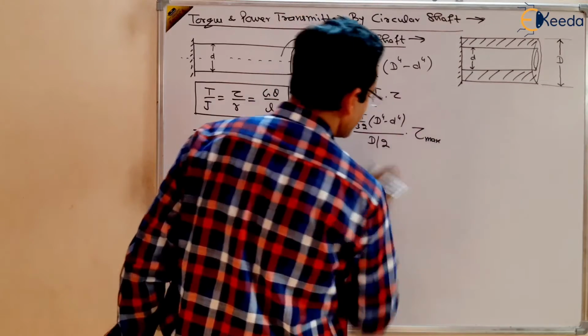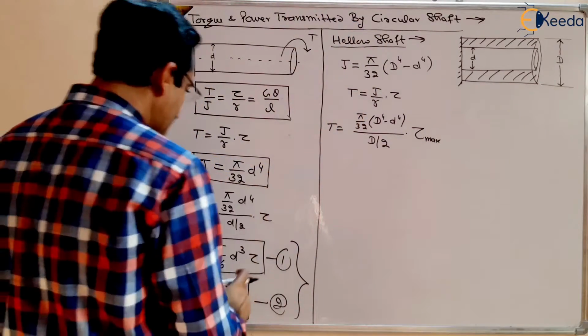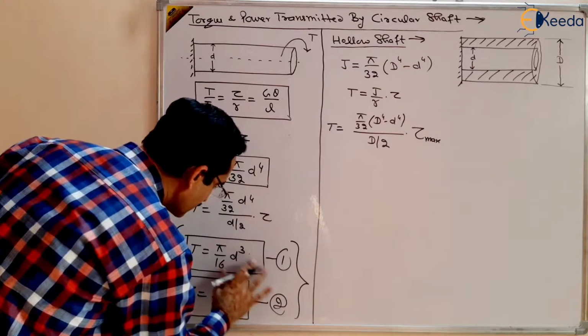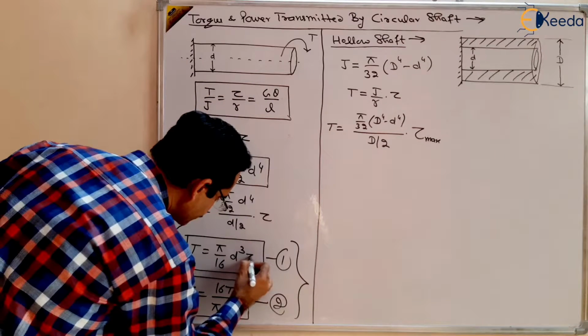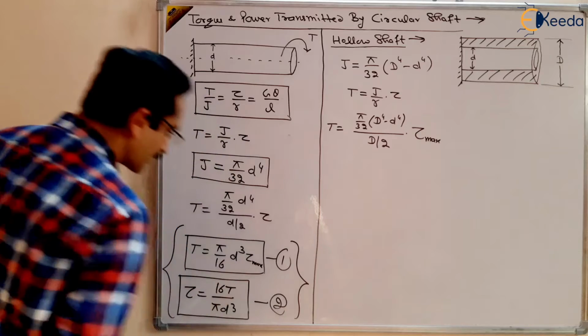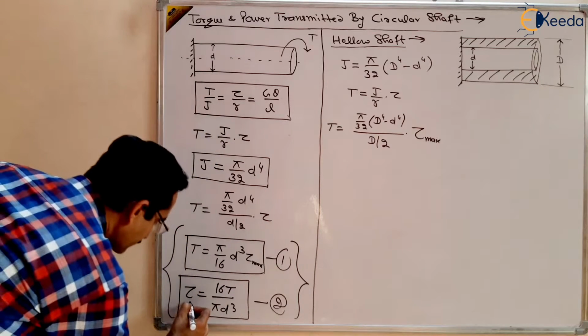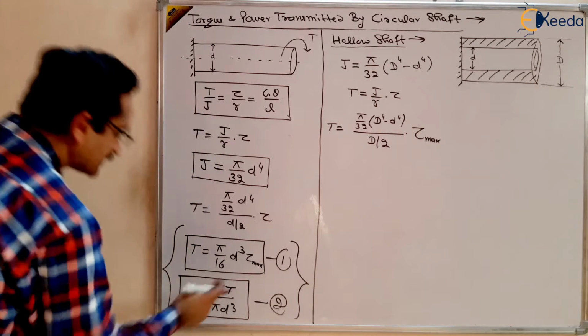The torque is related to tau max, so here also you should use the term tau max for maximum torque.